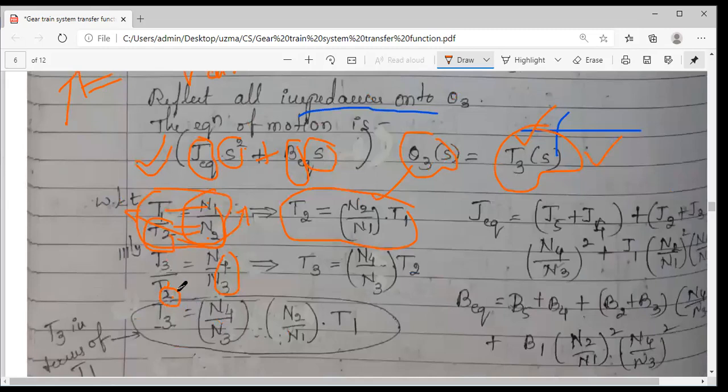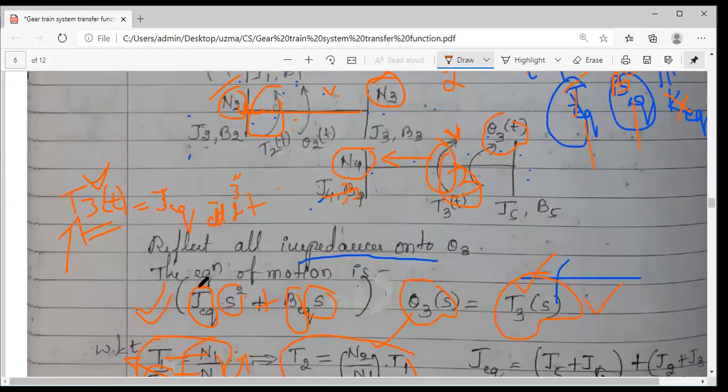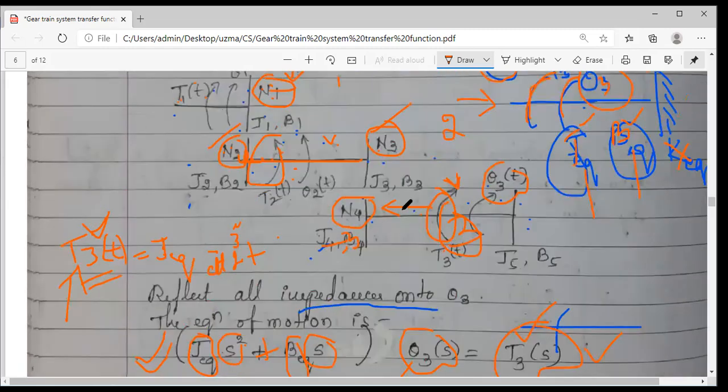So if I take T3 by T2, or you can take 2 by 3 also. T3 by T2. T3 is associated with the number of teeth N4, and on the second shaft there is N2 and N3, but for this gear, the one associated with it, which is rotating, these two are related. So it is N3. Don't consider N2 here.